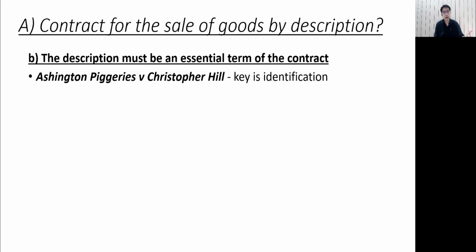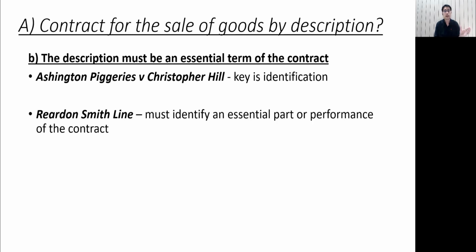The case of Ashington Piggeries tells us that the key is identification. And of course, the case of Reardon Smith Line came a few years later, and both these cases by the House of Lords say that it must identify an essential part, an essential performance of the contract, an essential subject matter of the contract.